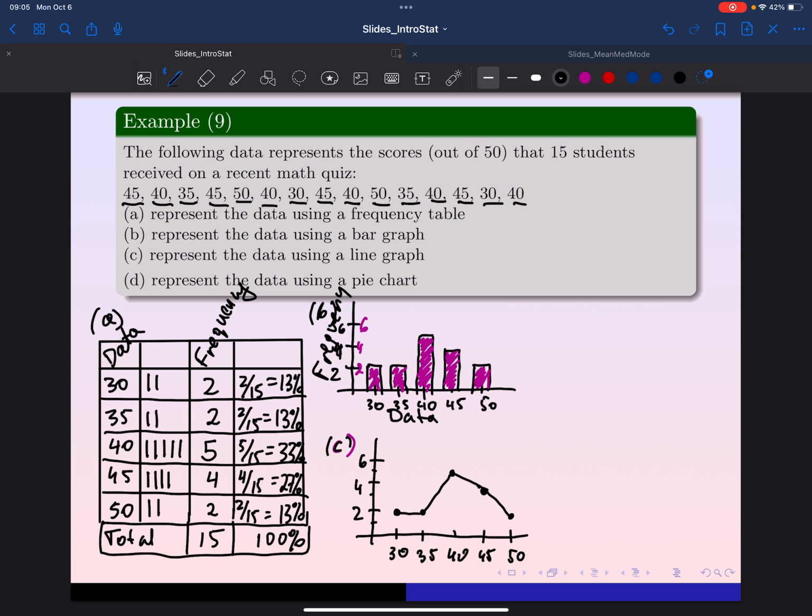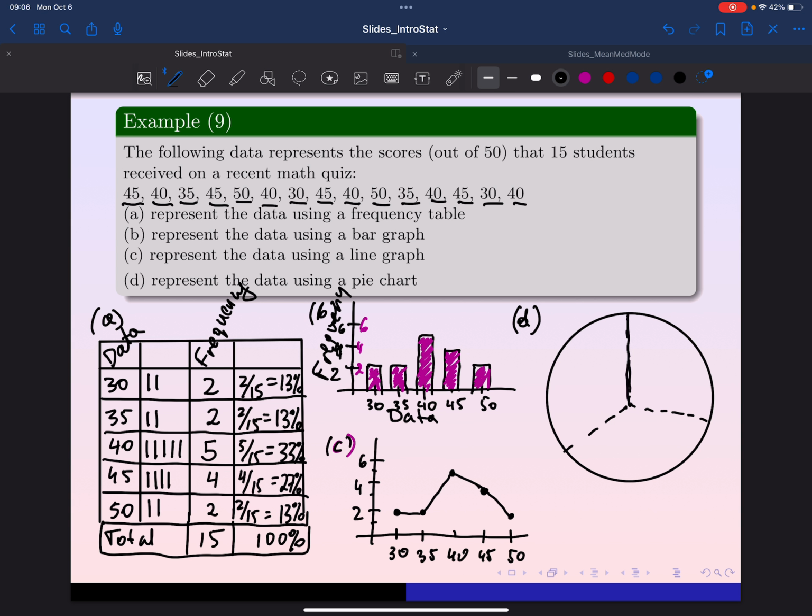And part D, use the pie chart. So we draw the bigger circle, and now we're gonna divide the circle. We always look for the highest to go first. So 33 is almost exactly 1/3 of the pie. So we divide the pie into thirds, and we take 1/3, that's my 1 part.